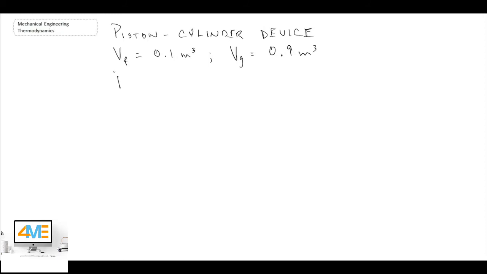We're told it's a constant pressure process, and consequently P1 and P2 will be the same, and it is 800 kPa. And we also know that we have some process. We go from state 1 to state 2, and that consists of heat transfer until we get to state 2, where we know the temperature.